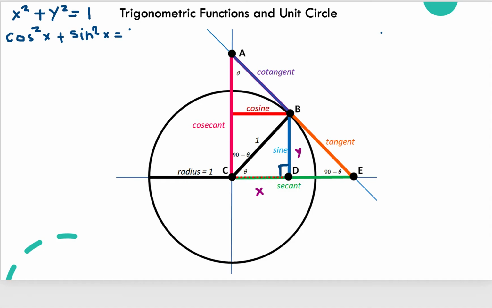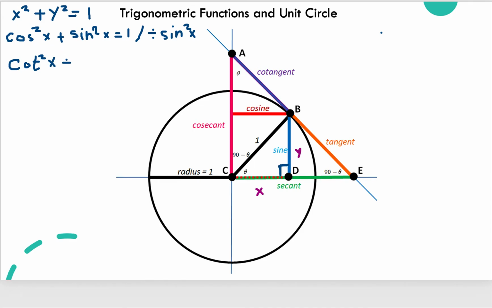But because we are looking to find the relationship with the sine and cosecant, let's try with the sine. We divide the whole equation by sine square x. Cosine square x divided by sine square x is cotangent square x, and here is a plus.